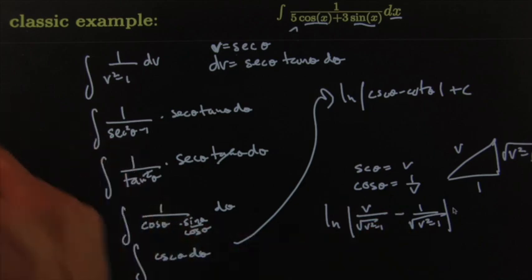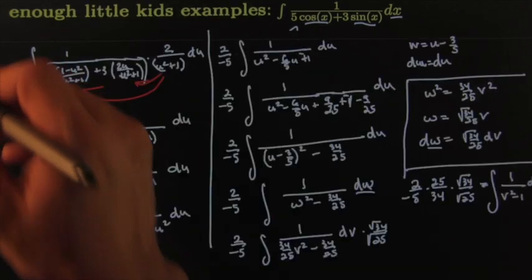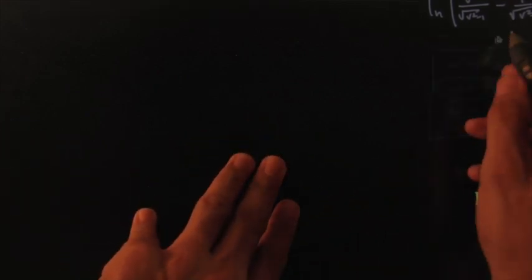And now I go back to my previous page and substitute my v's. So now we're going to have a little substitution party here, back substitution, everything. Just to make it easy for us, I wrote all the substitutions that we had here.